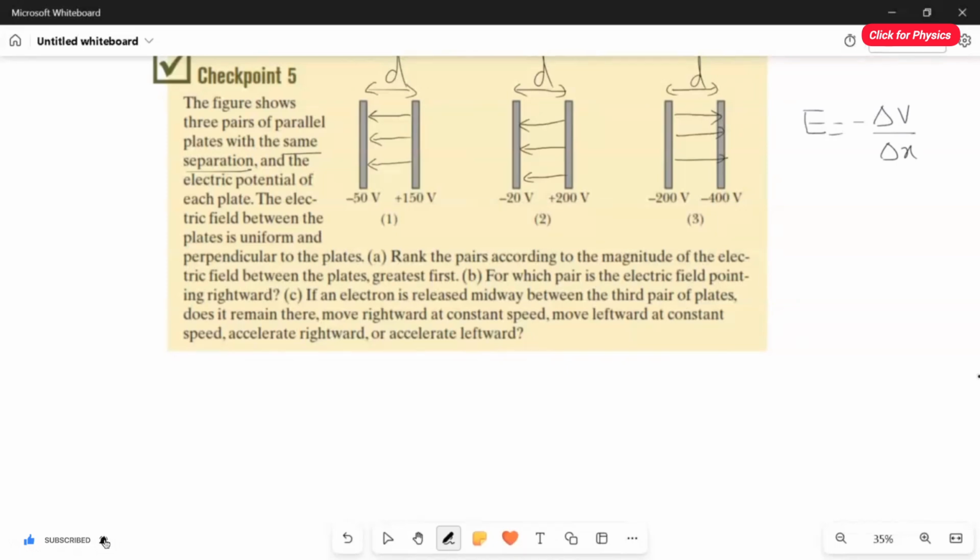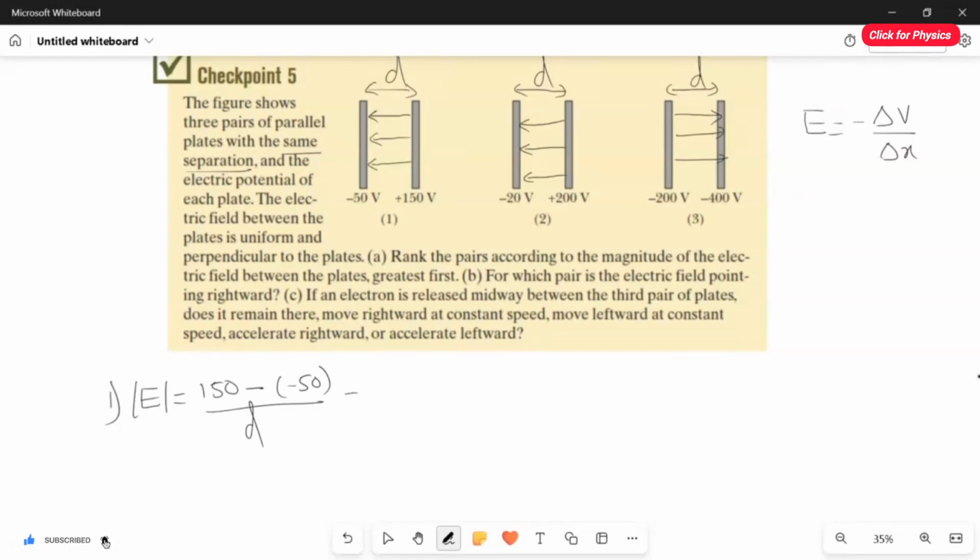For the first figure, let's consider only the magnitude, so the minus sign is dropped. What is delta V? It is V2 minus V1, so 150 minus of minus 50, and the distance delta X between the two plates is d.